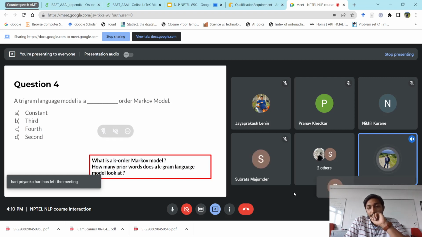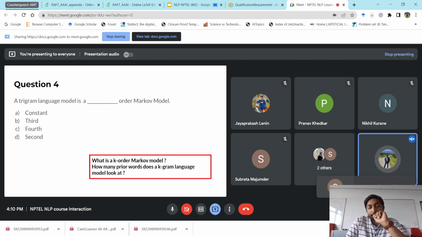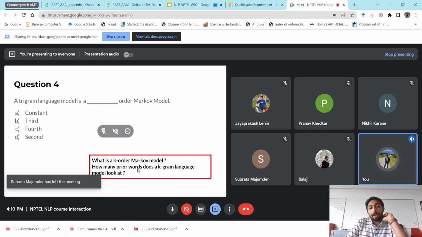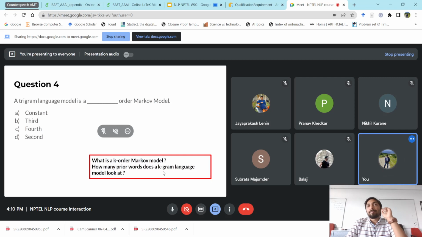Okay, so simply a language model provides the probability distribution over a sequence of tokens. Usually what happens is you have, let's say, n tokens, and then you have to predict the next token based on probability. Now the next question is, what is the k-order Markov model?